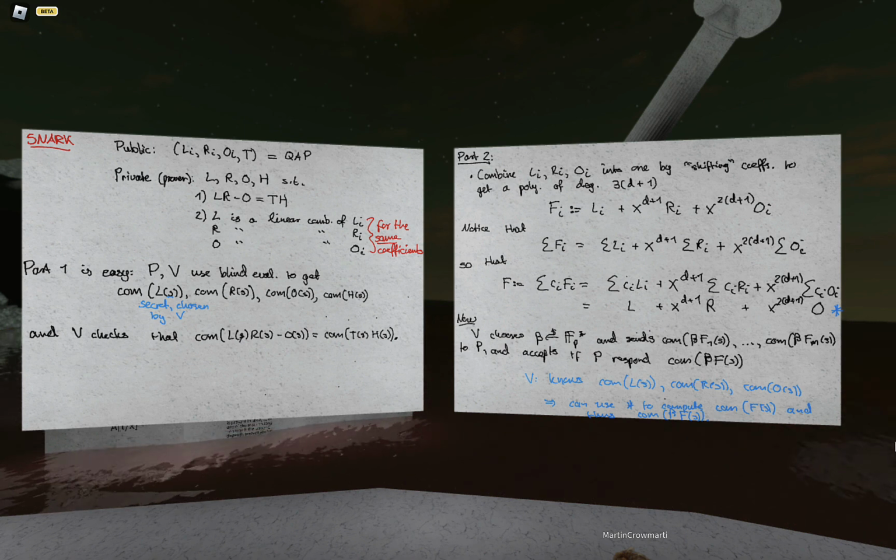The prover has sent 5 commitments independent of the size of the quadratic arithmetic program, independent of the size of the statements. And if you do the math very carefully, you discover that these commitments don't grow that fast with respect to the size of the program. So the entire proof grows very slowly with respect to the size of the program using this clever arrangement of polynomial commitments.